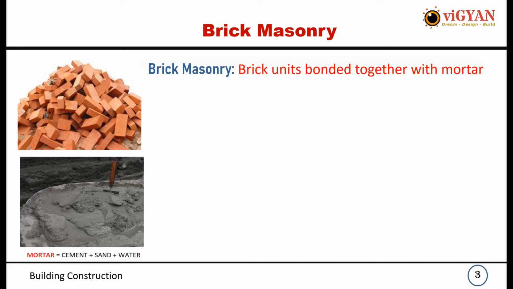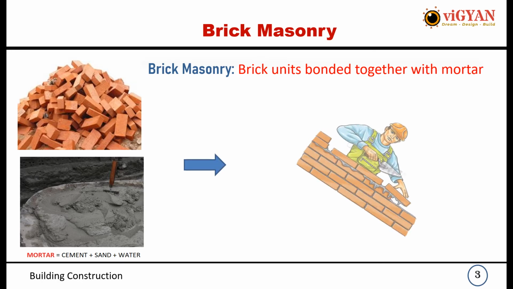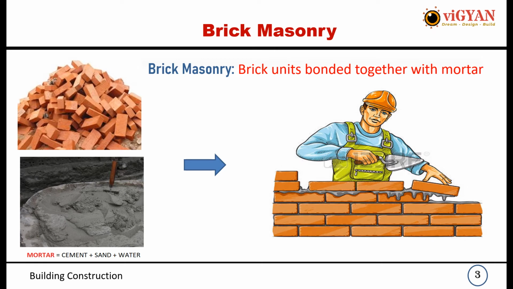Most commonly binding material used nowadays is cement, or what we know as ordinary Portland cement. A layer or a course of bricks are arranged in a specified manner, and these layers or courses are bonded together with mortar to make a brick masonry.